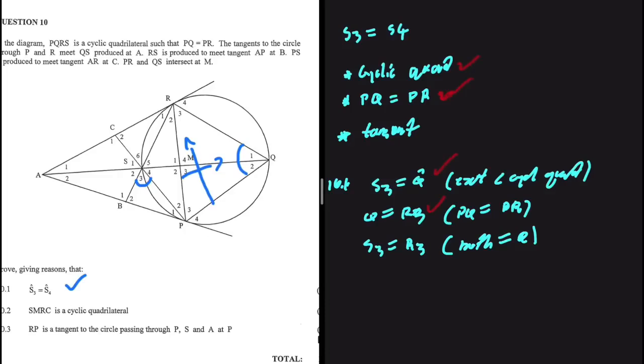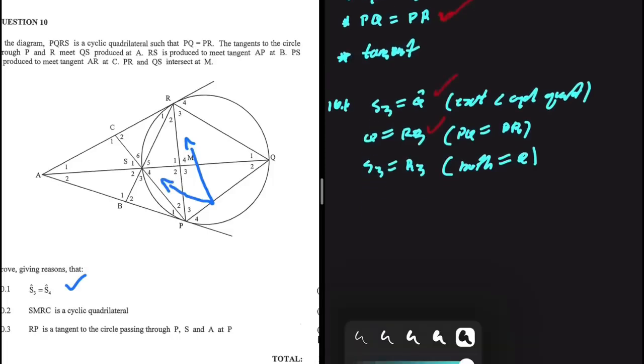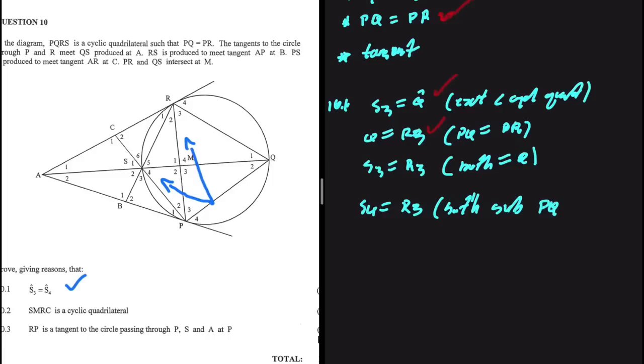Let's pay our attention to the chords before we move on to any other idea. R3 is subtended by PQ. But if you pay close attention, you should be able to see that PQ is also subtending S4. So what are we saying? We're saying that S4 is equal to R3 because they are both subtended by our chord PQ. I think the right reason is that they are in the same arc.